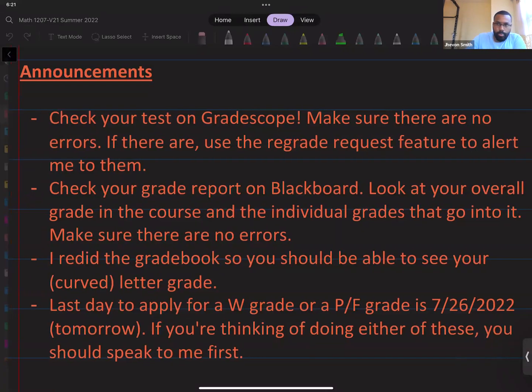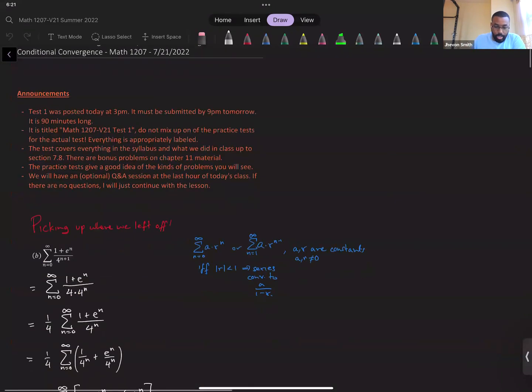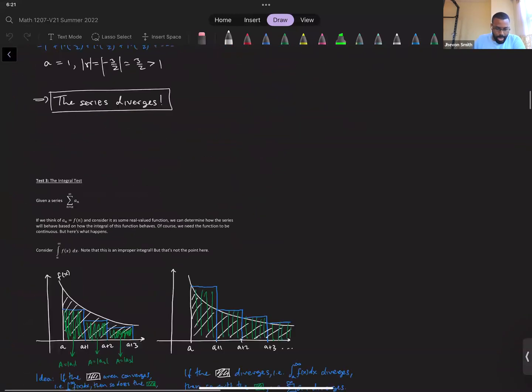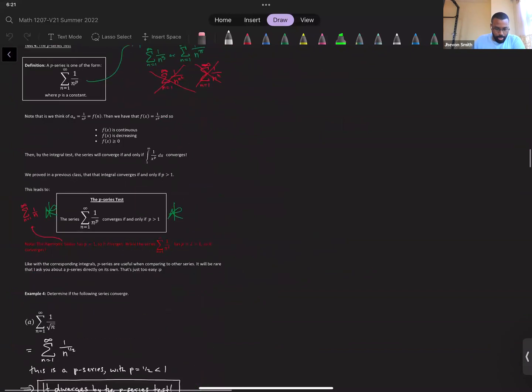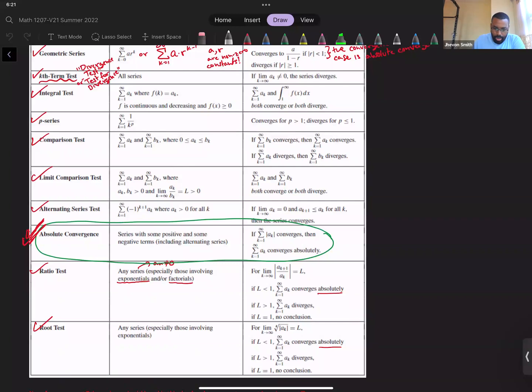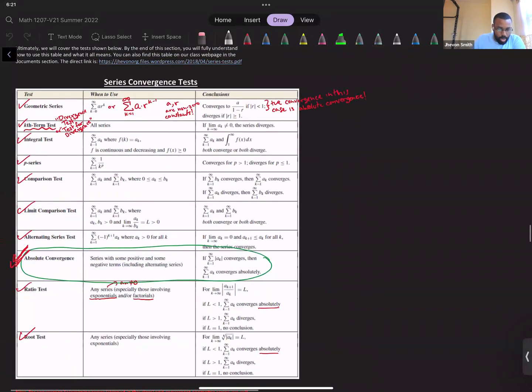But for now, we are going to review what we did last time. Last time we actually finished all the series tests that we want to do. We had a table in the previous lecture, and I recopied it in our lecture today. It speaks about all these series tests.